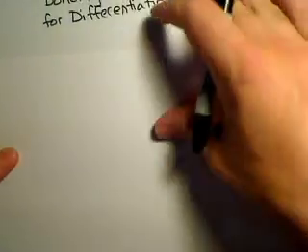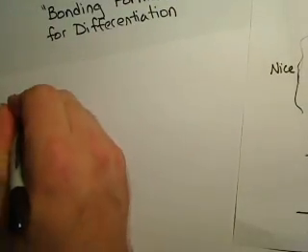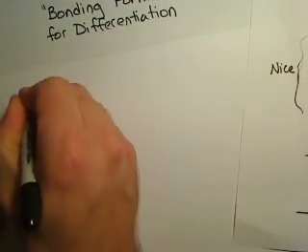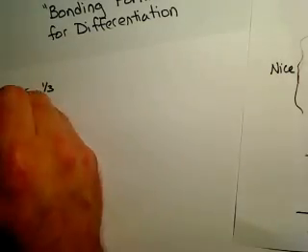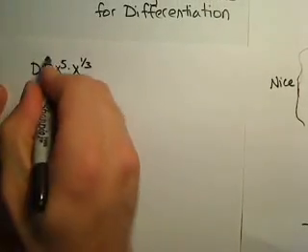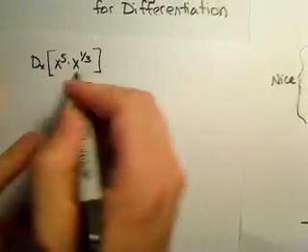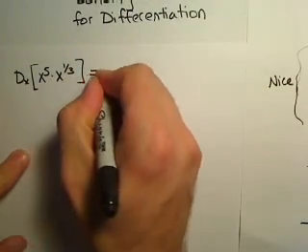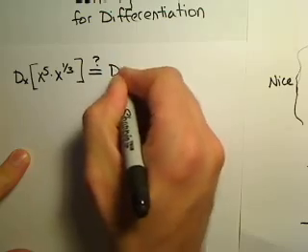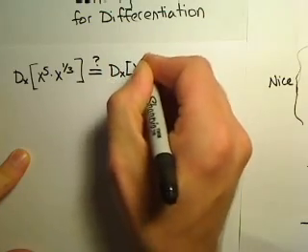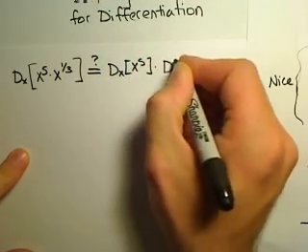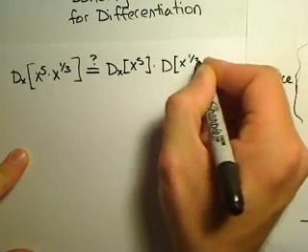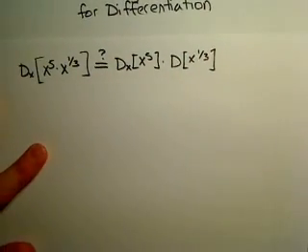So before we go into what it actually is, let's see why that can't work. Say we had x to the 5th times x to the 1/3. We're looking at the derivative of those. And that's the cube root of x thing. Is that the same as the derivative of x to the 5th times the derivative of x to the 1/3?